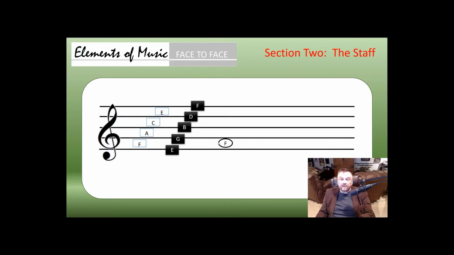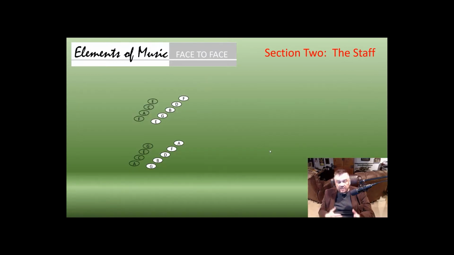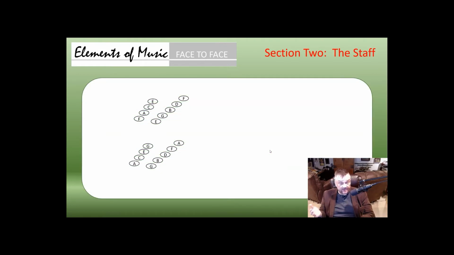All right. Now, we could go on and put other notes up here, but I think you would grasp the idea in doing this. Let's talk just a little bit more about one more component. Now here, this is showing you the lines and spaces, but they're not there. It's showing you the pitch names for the lines and spaces in both the treble and bass clefs. Okay?